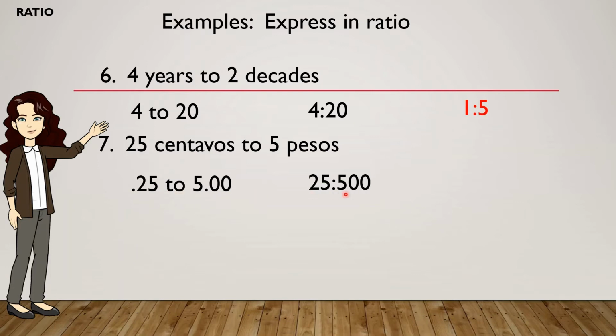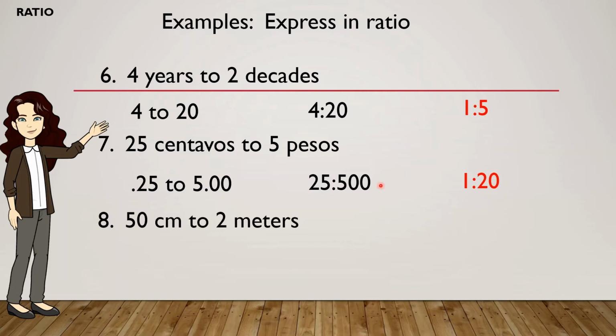It becomes 25 is to 500. Then divide by 25. 25 divided by 25 is 1, and 500 divided by 25 is 20. So we have 1 is to 20. Meaning, if you have 1 centavo coin, you need 20 pieces to make 5 pesos.